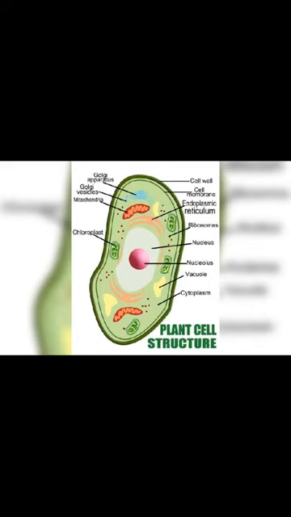Like that, the plasma membrane will not let all the substances enter the cell. Unwanted substances stop outside of the cell. Plasma membrane will allow only wanted materials to go inside the cell, which do not cause any harm to the internal organs of the cell.